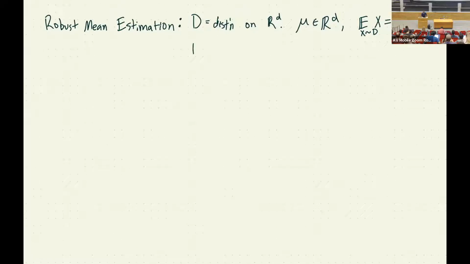The expectation over x drawn from D of the second moment matrix after I center by the mean, (x minus mu)(x minus mu) transpose. This is the covariance matrix of the distribution. This is some matrix that's d by d, and I'm going to assume that it is PSD and at most the identity matrix, meaning its maximum eigenvalue is at most 1. And it's a covariance matrix, so its minimum eigenvalue is at least 0. It has eigenvalues bounded between 0 and 1.